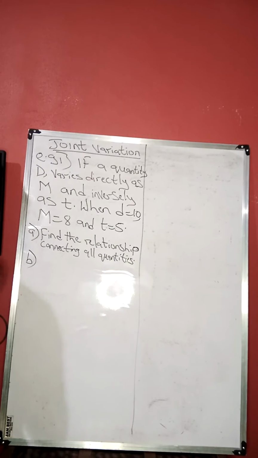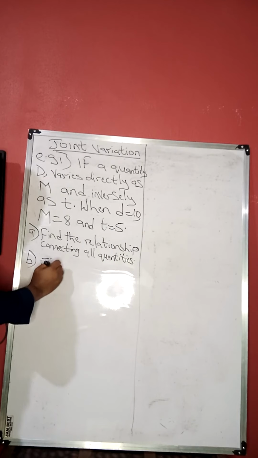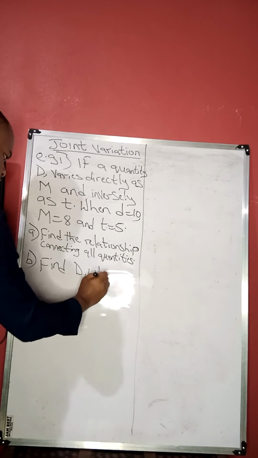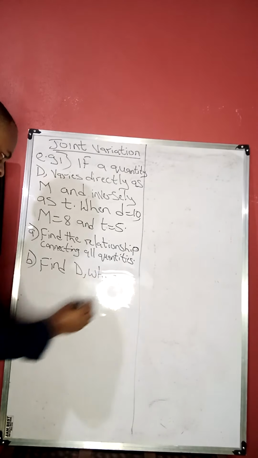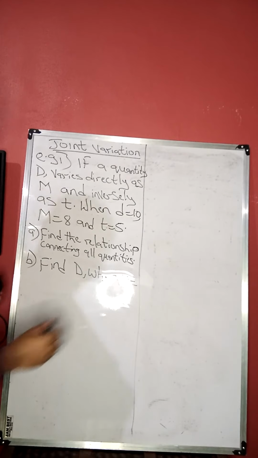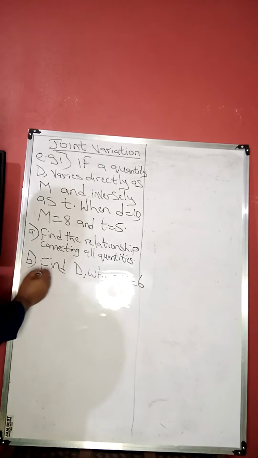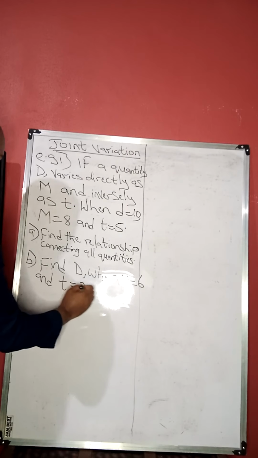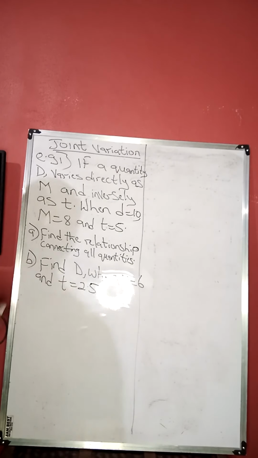The B part of the question: find D when M is equal to 6 and T is equal to 2.5.